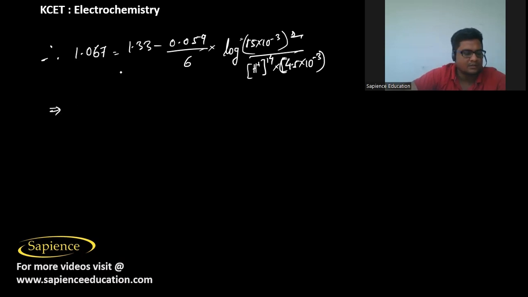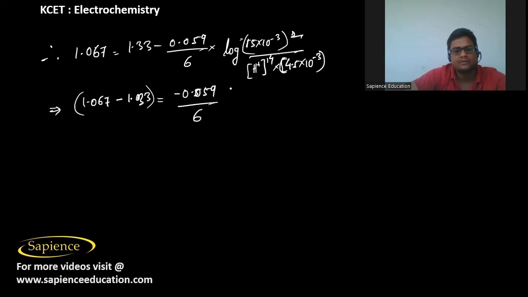Therefore, if we subtract, 1.067 minus 1.33 will be equal to minus 0.059 by 6 into log of this.